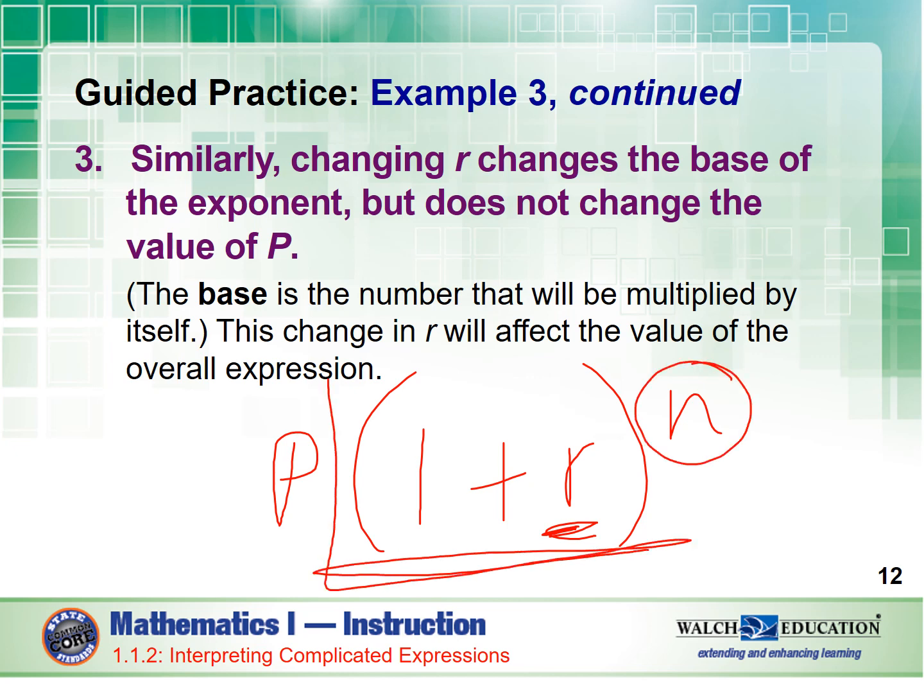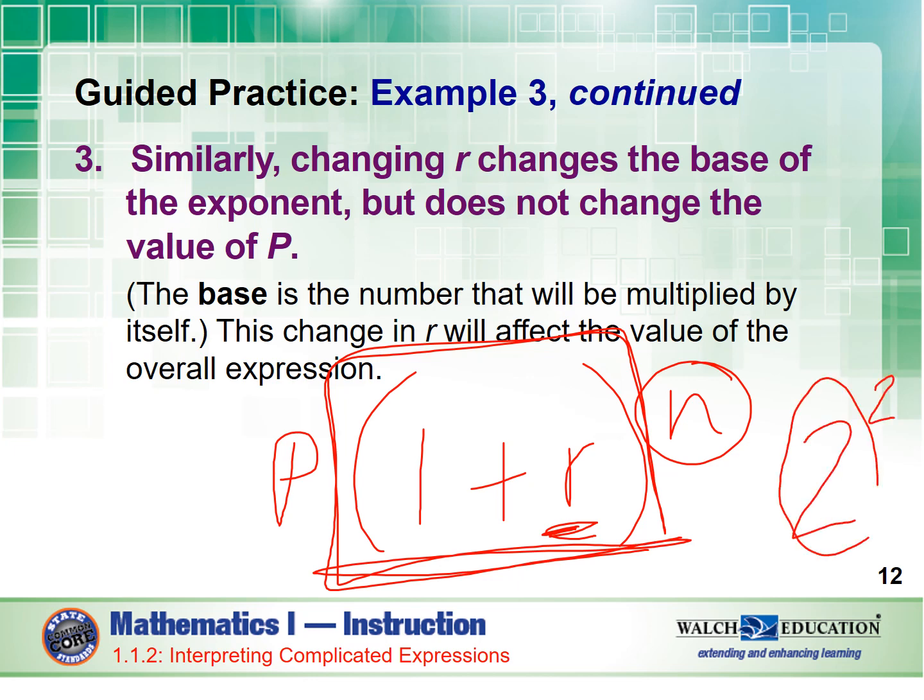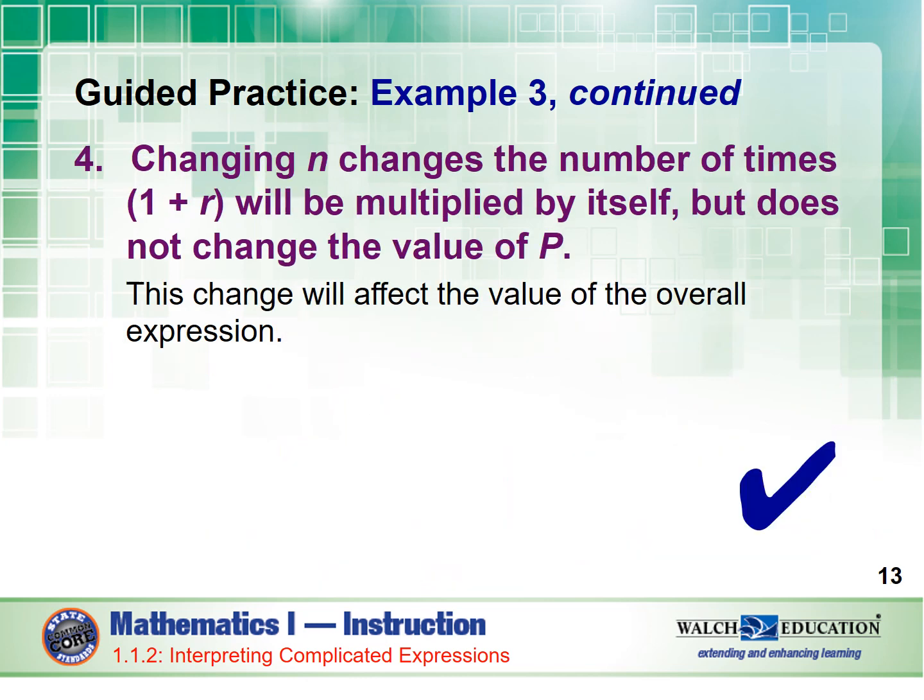This thing right here is the base of the exponent. If we had 2 squared, 2 would be the base, and this little 2 is the exponent. I'm writing with my finger on the screen, so there we have beautiful handwriting. So r changes the base, but it does not have anything to do with P. P is a constant, it's not changing.